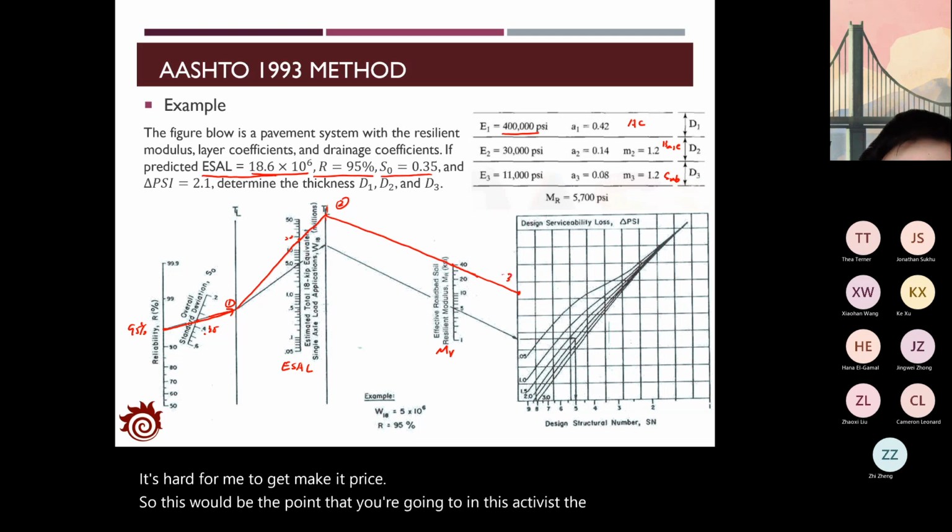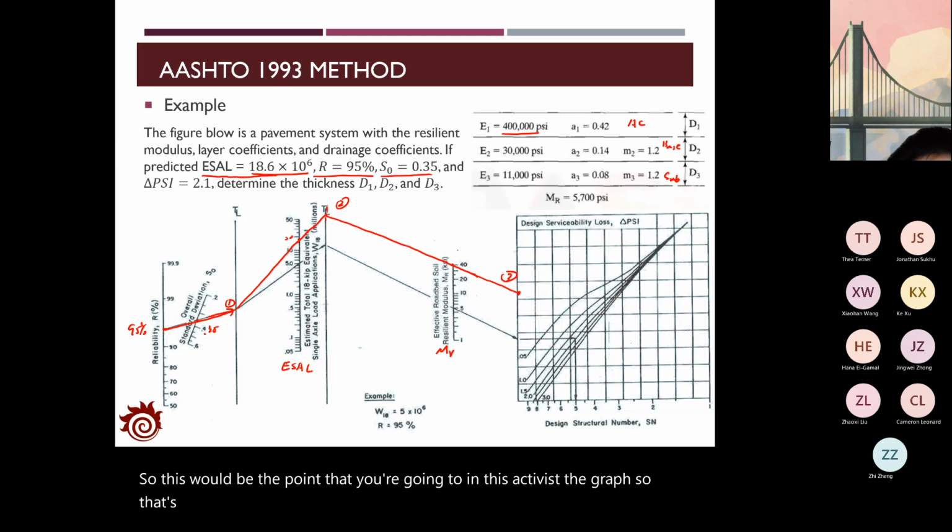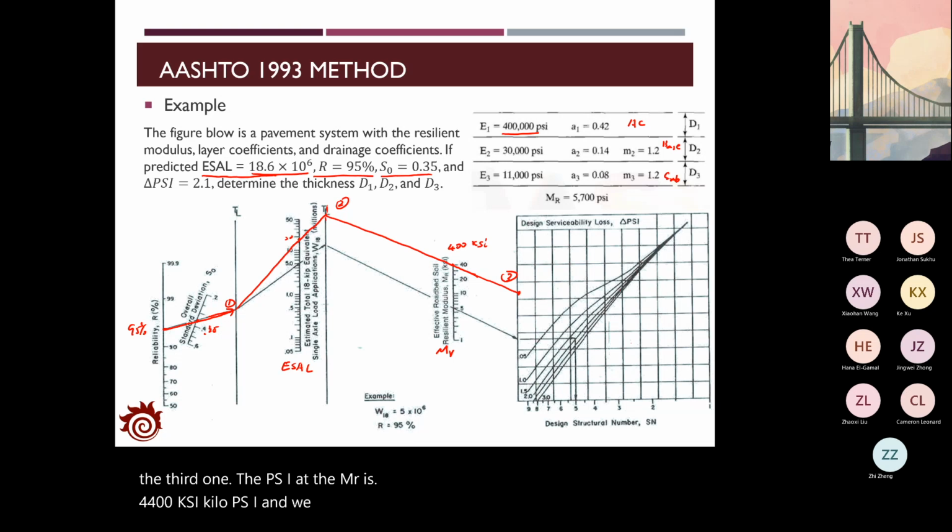So that's the third one, the PSI. The MR is 400 ksi, kilo psi. And we also know that the delta PSI, the serviceability loss, is 2.1.